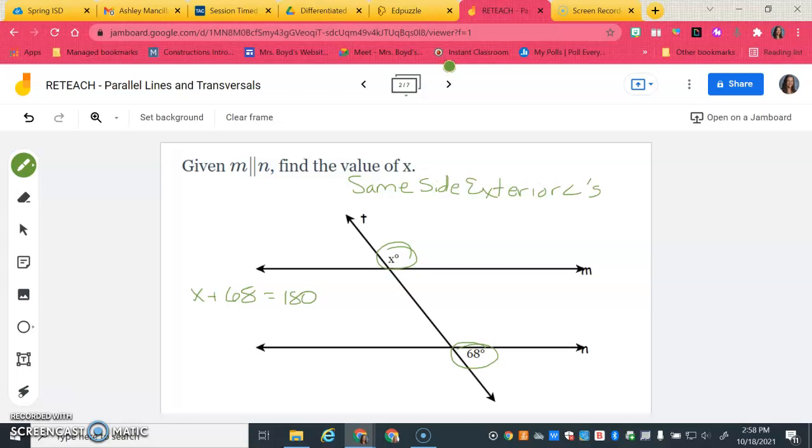Then I just subtract 68 from 180. Got to borrow. And I get 112 degrees. So my x is going to equal 112 degrees, and that should be consistent because we said it was obtuse. 112 degrees is an obtuse angle.